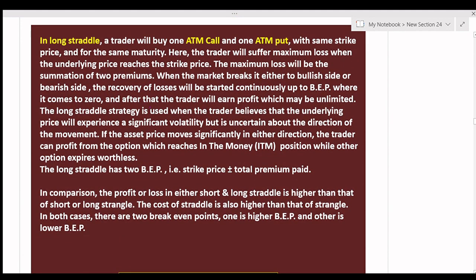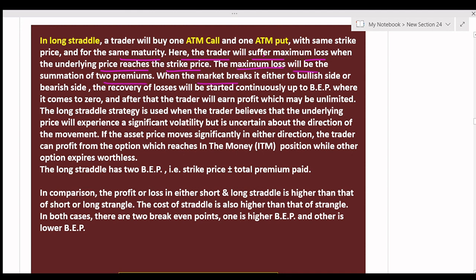In a long straddle, a trader will buy one ATM call and one ATM put with the same strike price for the same maturity. Here the trader will suffer maximum loss when the underlying price reaches the strike price. The maximum loss will be the summation of the two premiums.